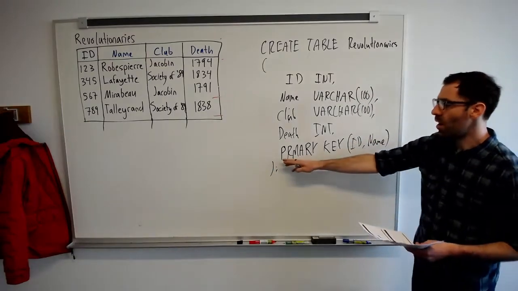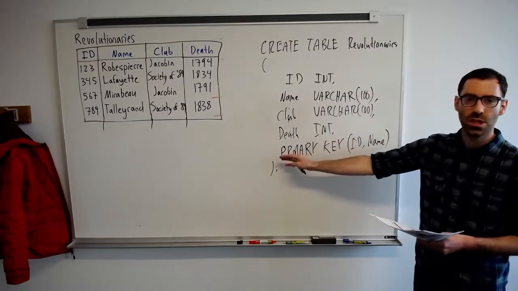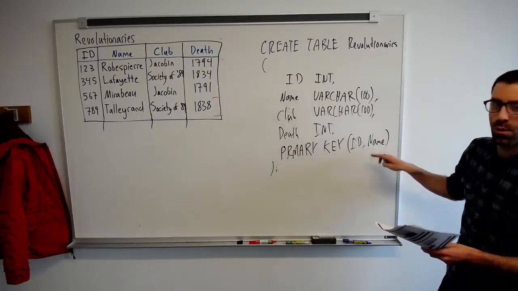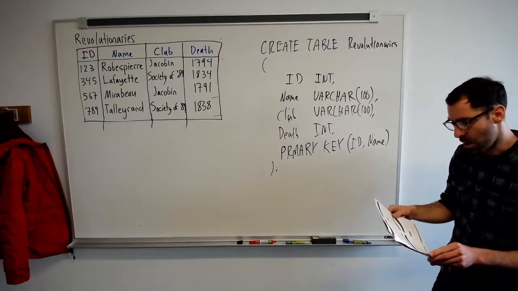And so we can introduce this specific primary key constraint as its own statement and tell it which attributes form the primary key.